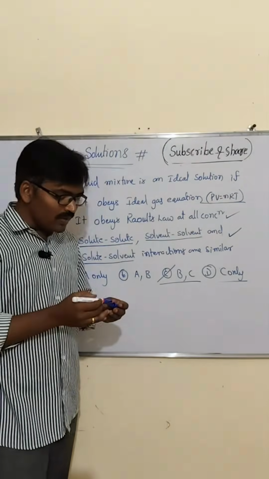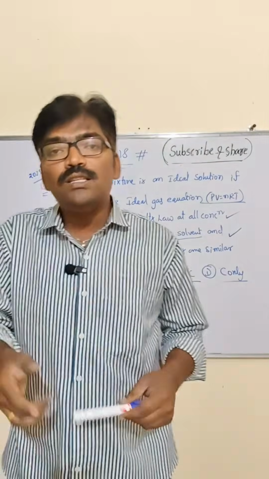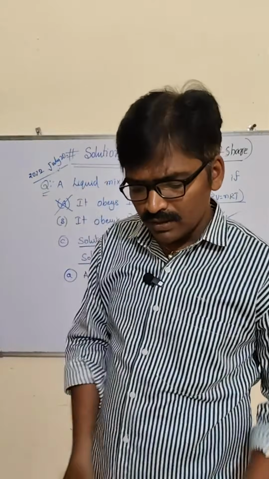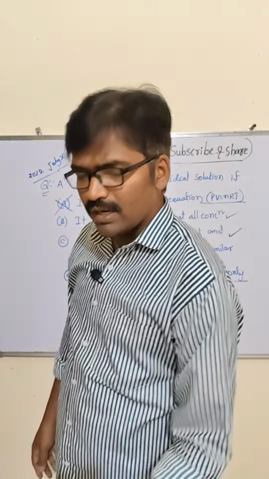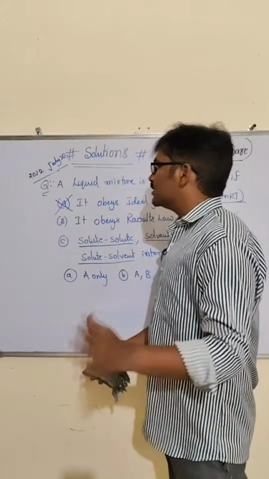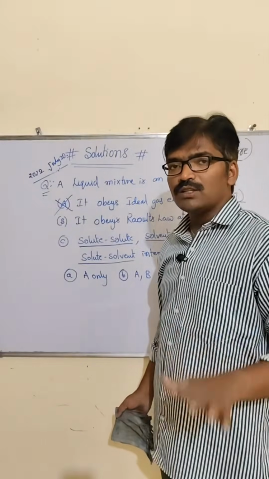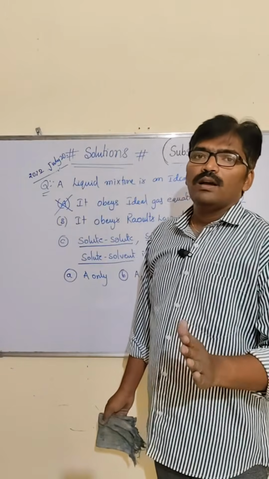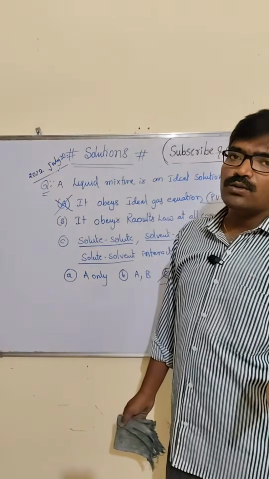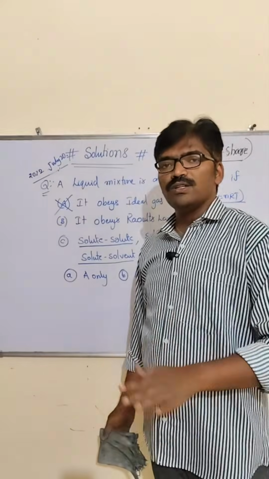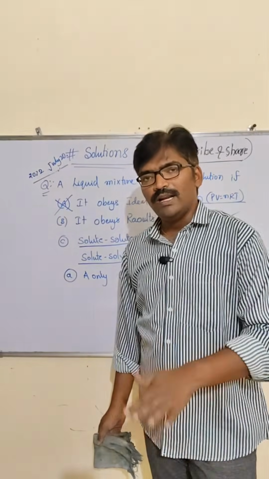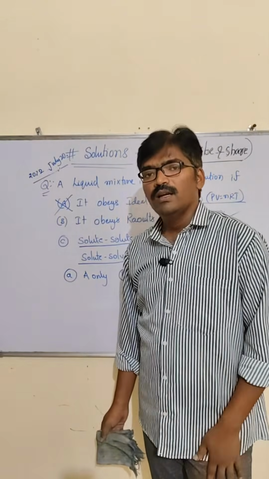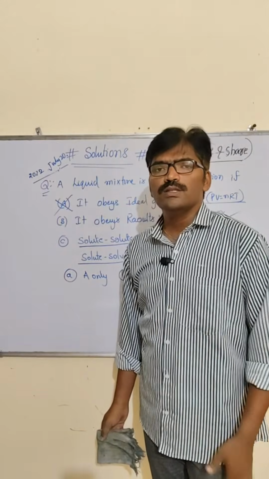Based on the ideal solution, in the previous years they have given 3 questions. So remember, my dear students, that is very important. Next we have to discuss the non-ideal solutions. In that, 2 types will be there again: positive deviation of non-ideal solutions and negative deviation of non-ideal solutions. Then azeotropic mixtures also are there.